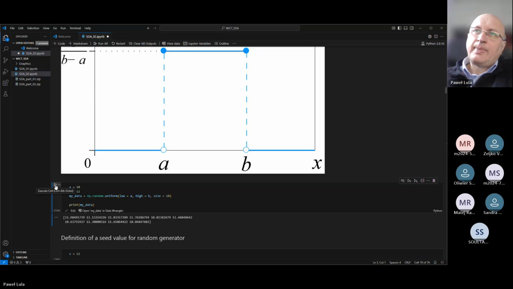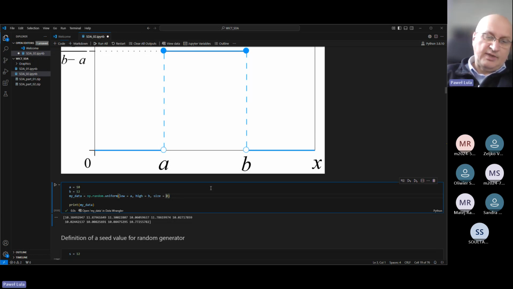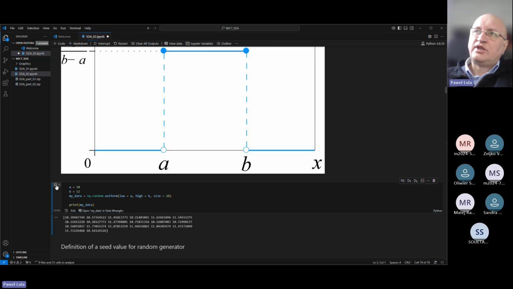Please look at this program. I can execute it many times, and we can get different values. Every data set is different. Every vector or list of values has different components. Of course, always the number of elements is 10, but of course I can change it to 20 to generate more.